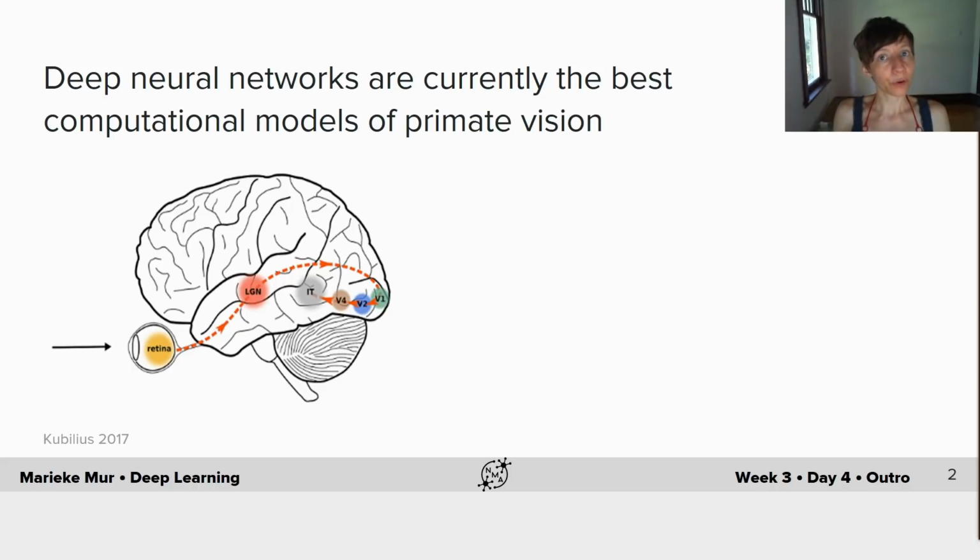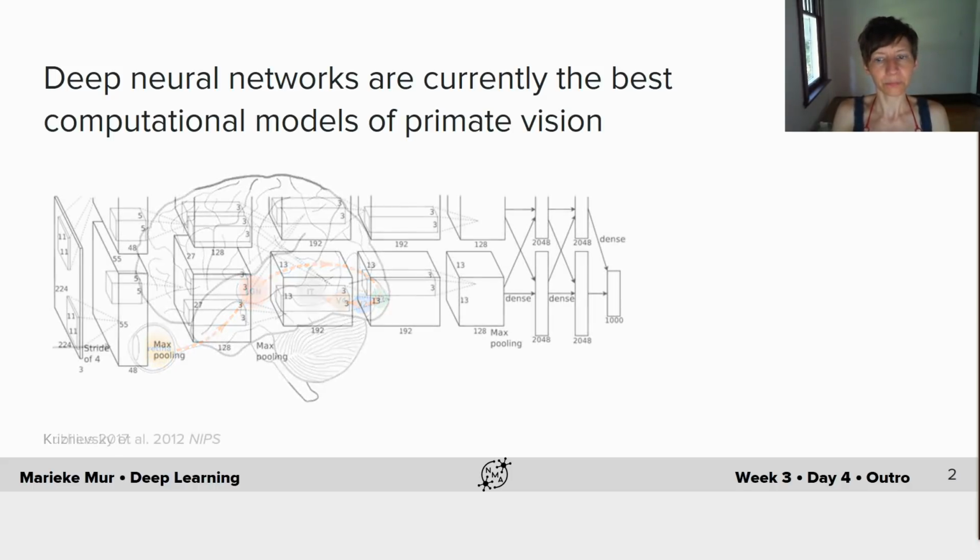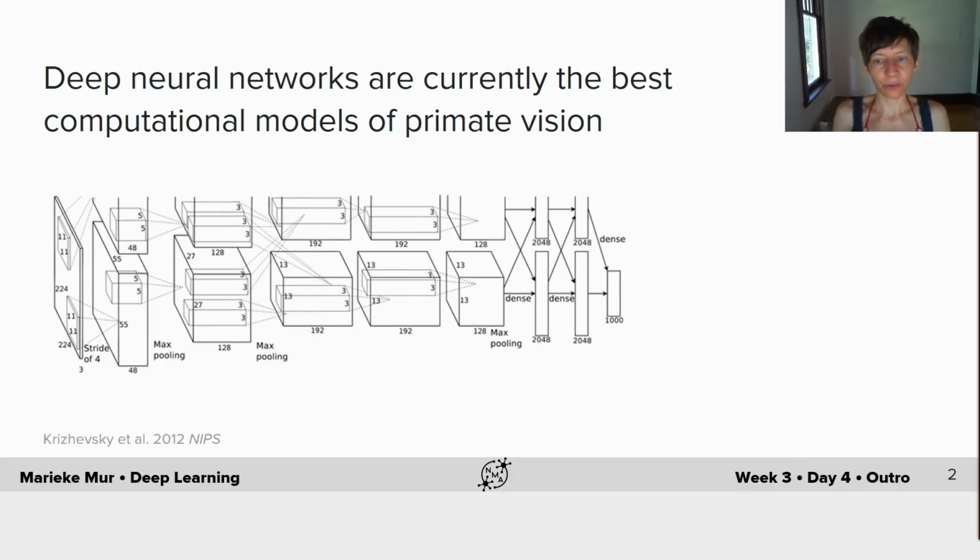Deep convolutional neural networks are loosely inspired by the ventral visual system. They're hierarchical systems consisting of multiple layers, like brain regions, each consisting of units, like neurons, which are connected by weights that can be adjusted through learning, like synapses.